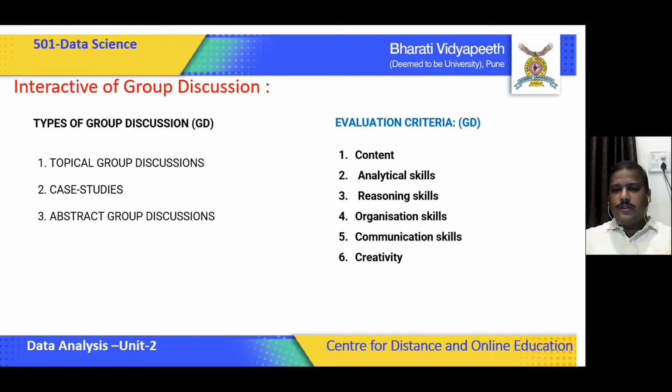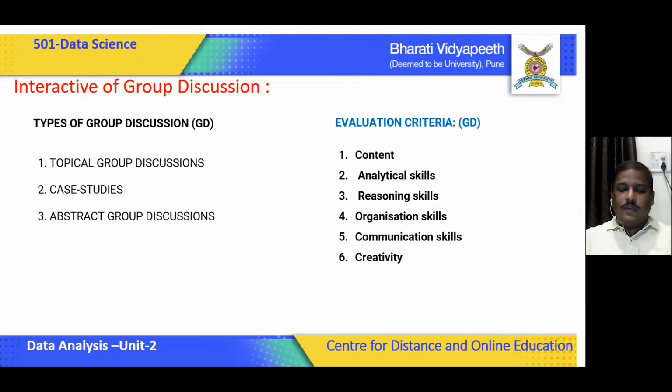Reasoning skills, organizational skills, how to conduct this, and communication skills, how effectively you are interacting. Then creativity: your thoughts and ideas for the group discussion can be evaluated here. So these are the criteria for evaluation.